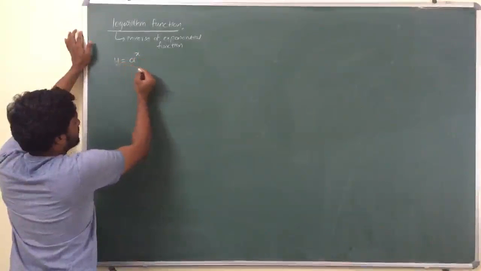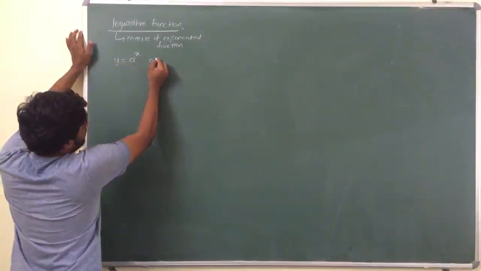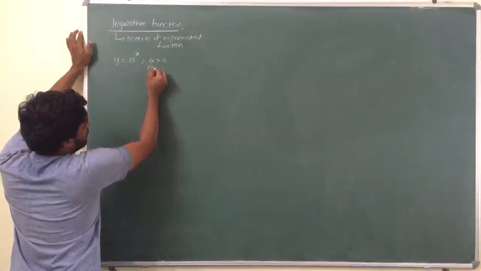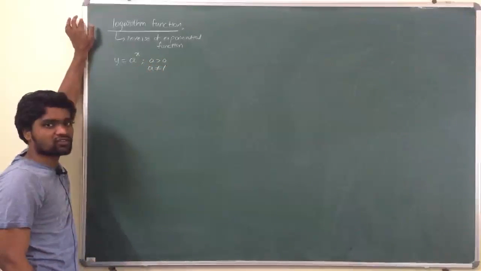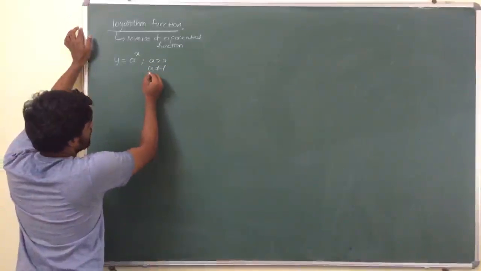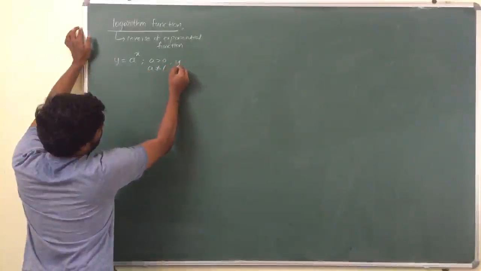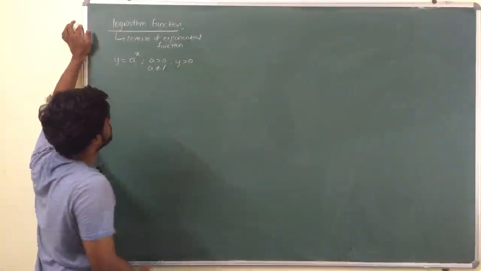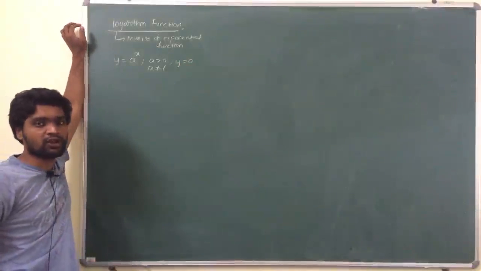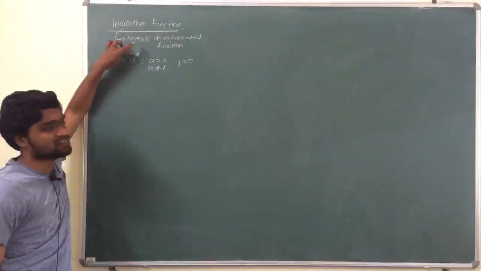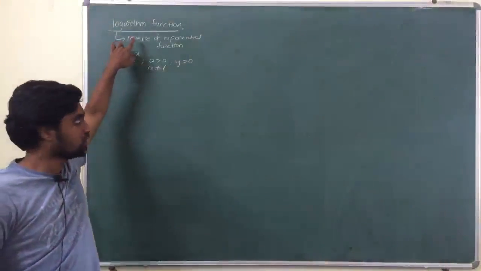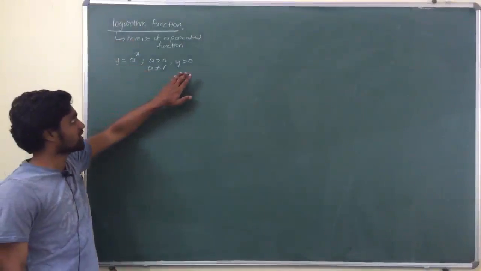This is the exponential function where a is greater than 0, a is not equal to 1. And I also told you y is always greater than 0. Remember this point: a power x is greater than 0 for all x belonging to R. So a power x value is never negative.